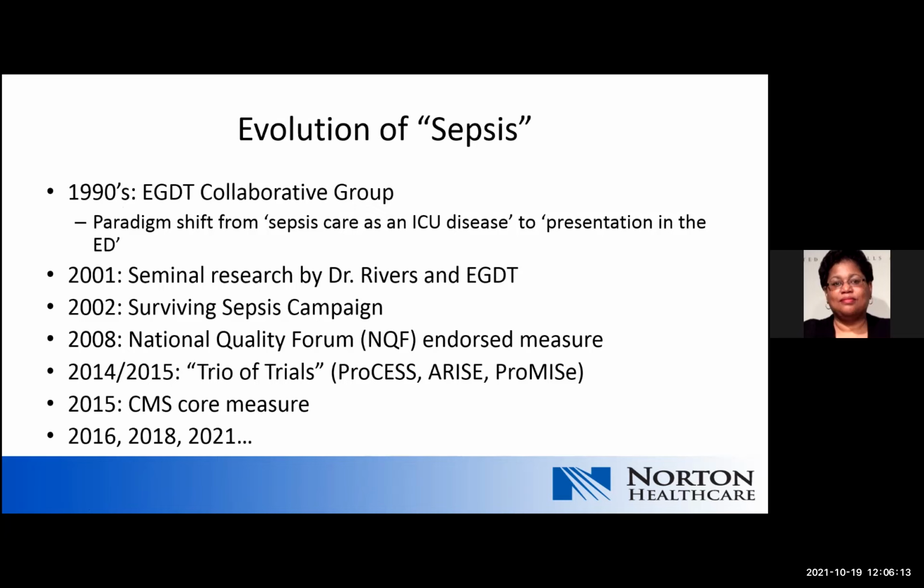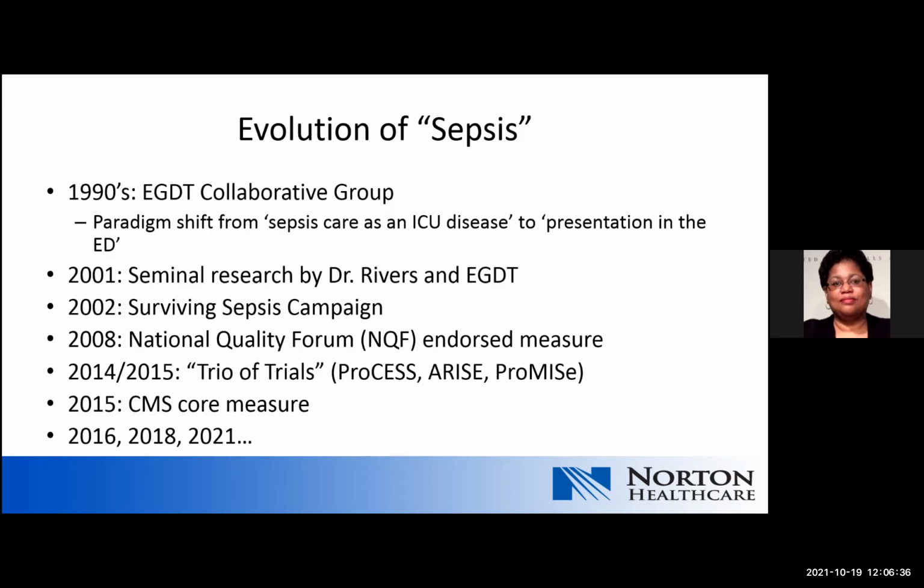So as far as the evolution of sepsis, I use that term in quotes up there because generally speaking, it hasn't always been known as sepsis, but as far back as 100 BC, it's been cited as small creatures invisible to the eye that fill the atmosphere and if breathed in, cause dangerous disease. So it's been around for a very, very, very long time. We're not going to start all the way back there.